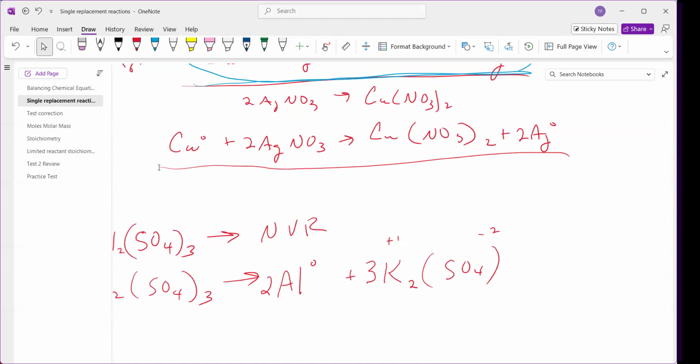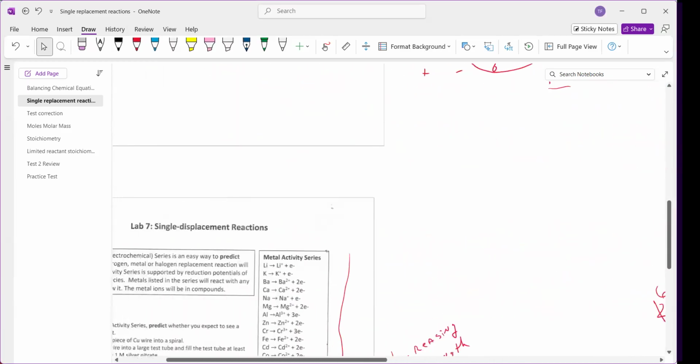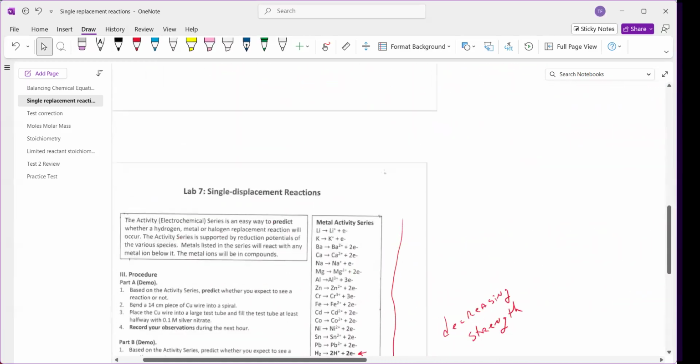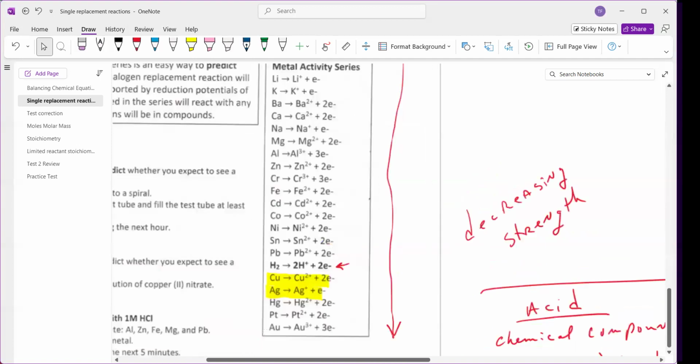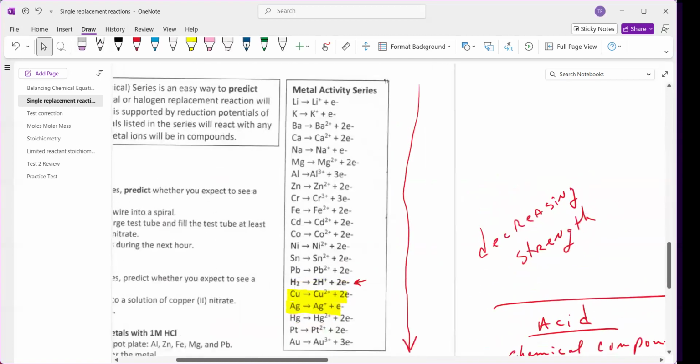Okay, now the question is, are the products more stable than the reactants? To answer that question, you need a chart that shows that. This is the one from your lab today.